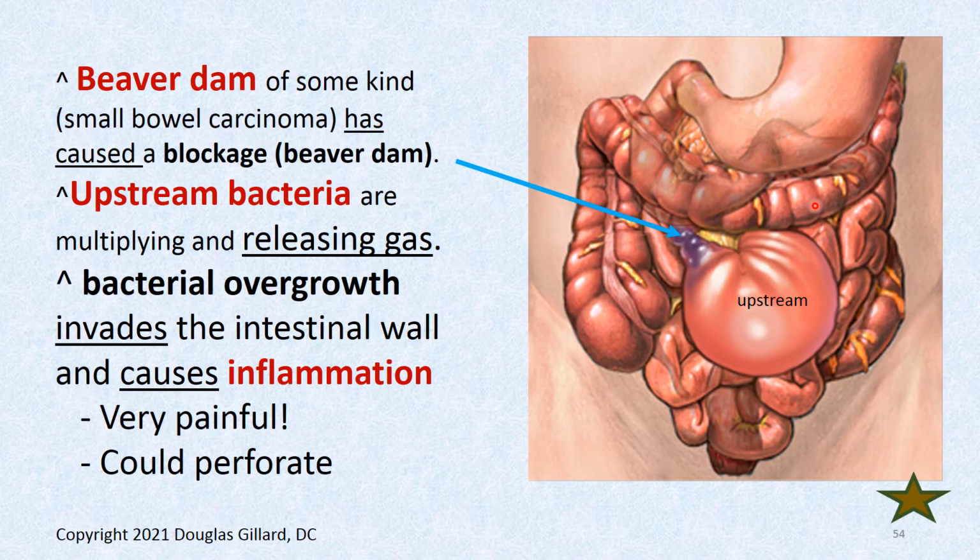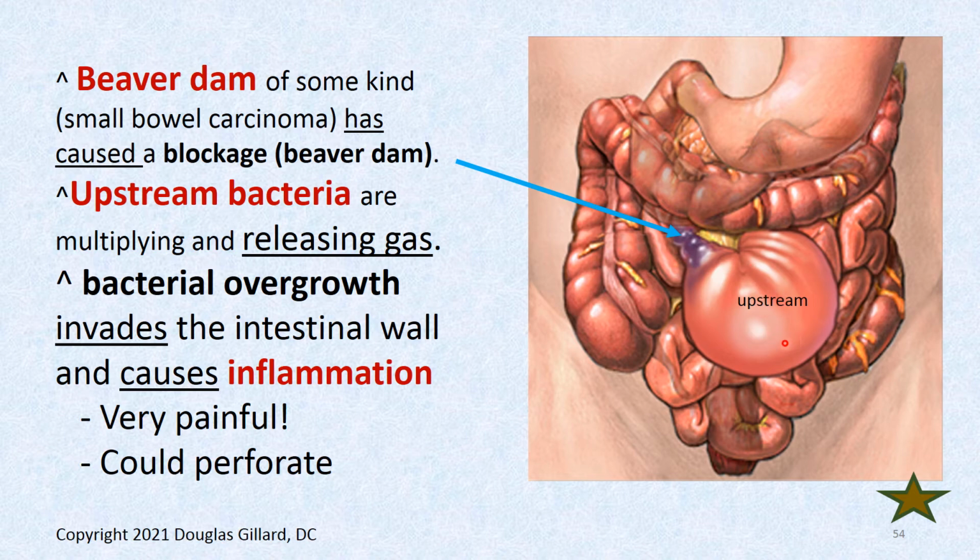So it occurs when the lumen of the intestine gets pinched or blocked by something. It beaver dams. And in this case, here's a beaver dam right here in the jejunum. And you can see what happens upstream. The bacteria and fecal material have backed up, and it's blown the small intestine to probably 5-10 times bigger than normal.